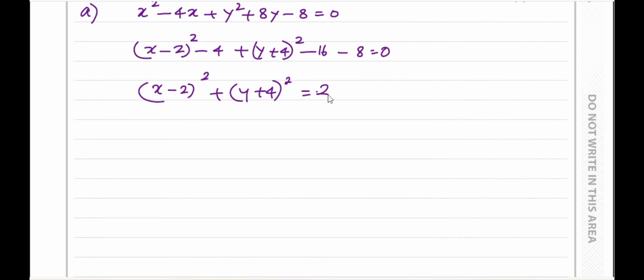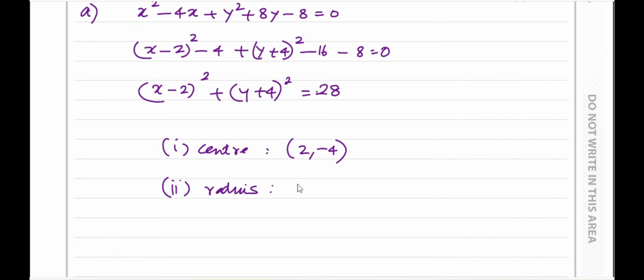So it's going to be 28 on the other side. Okay. Therefore, we can answer center is 2 comma minus 4. Radius is square root of 28, which is equal to 4 times 7 within the square root sign, which is 2 square root of 7.